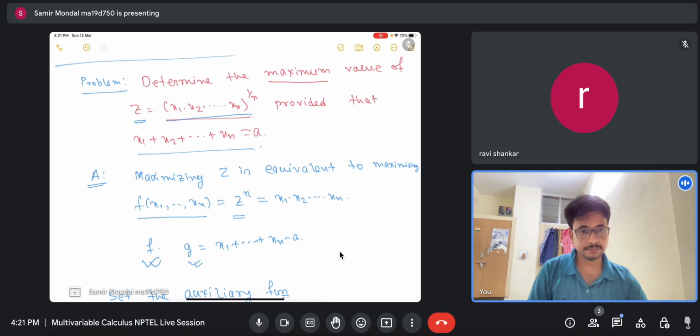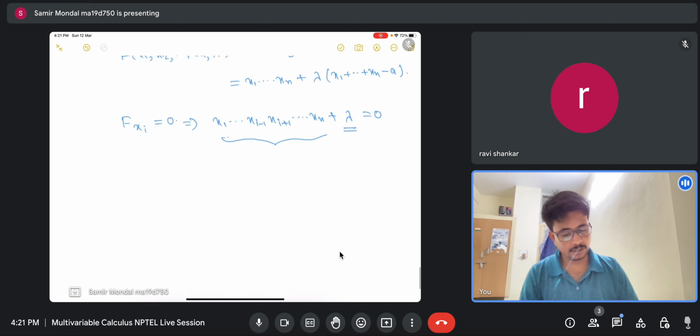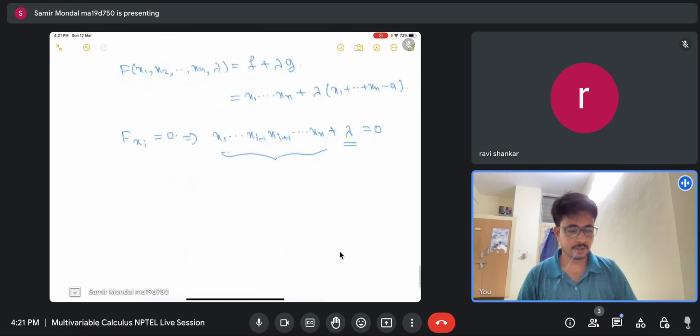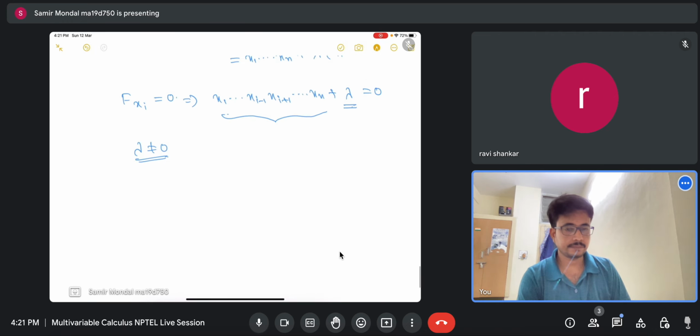So we are not looking for the product being 0, and we have to avoid lambda equal to 0. Take lambda non-zero. Is it fine?